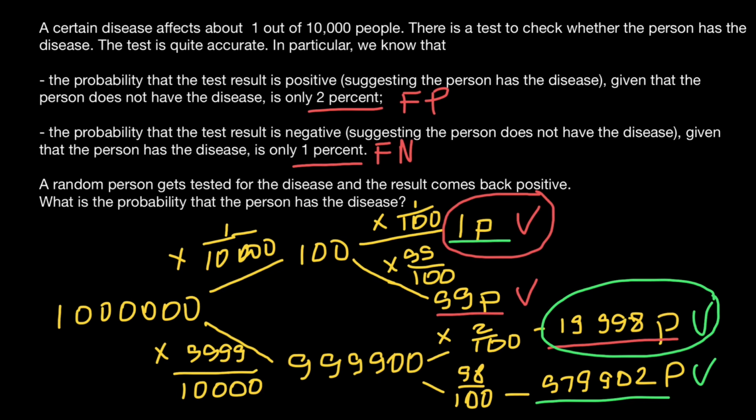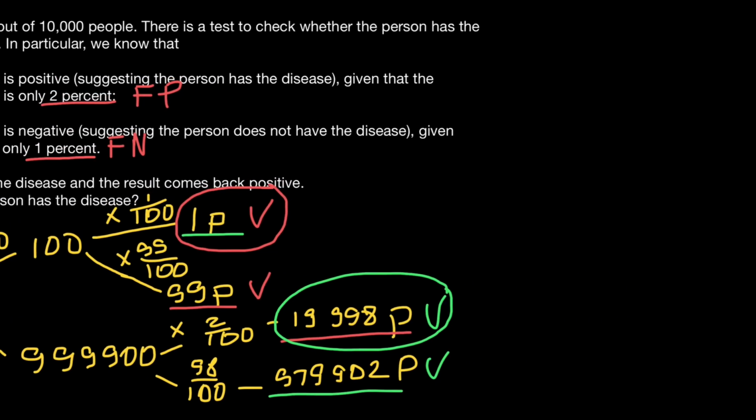Now let's read our question again. A random person gets tested for the disease and the result comes back positive. What is the probability that the person has the disease? In this case, our calculations are going to be as follows. If you got positive results, that means that you belong to this group of 99 people who have the disease and also tested positive.